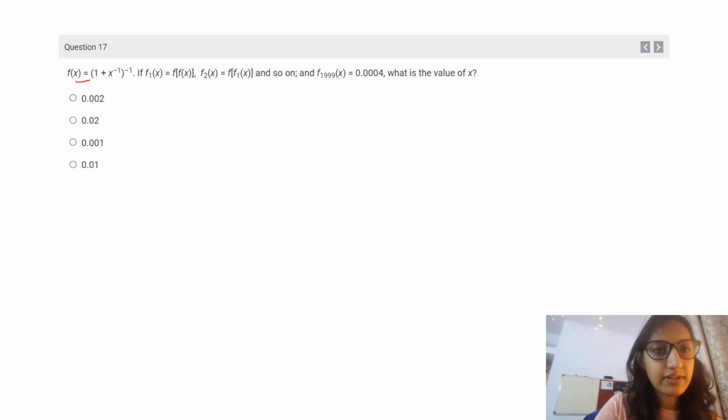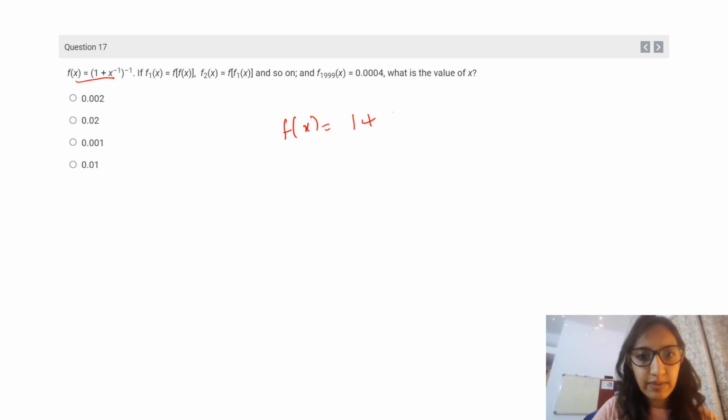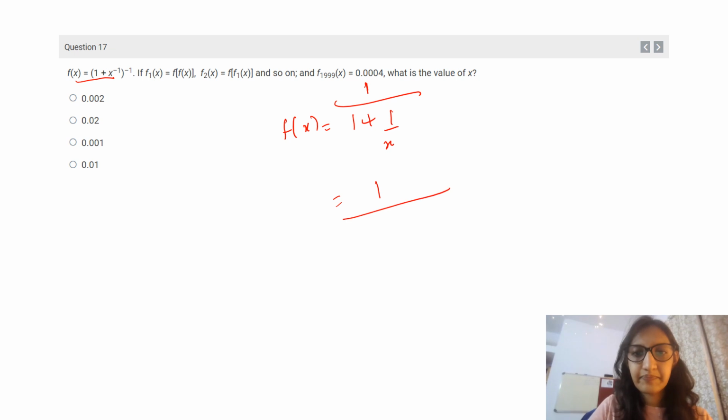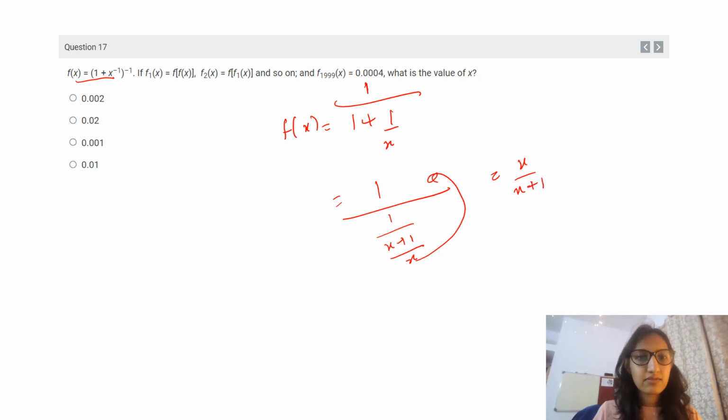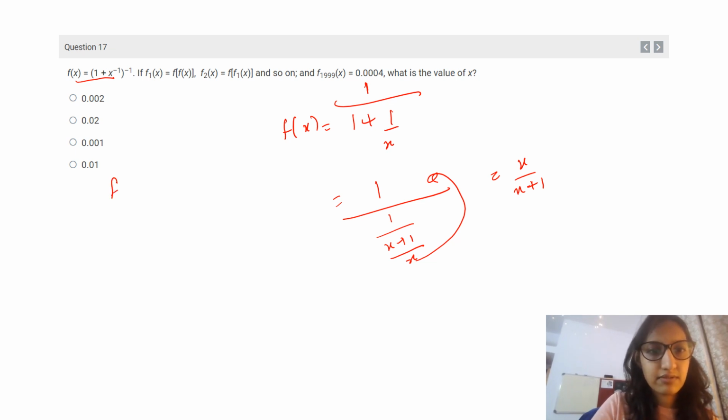So this is given f(x) is equal to 1 plus 1 by x. This seems to be a typical question, so maybe you can skip it, or maybe you can come back to it later. I'll just skip this for now because I think we should focus on easier and simpler questions. So this is f of f(x).